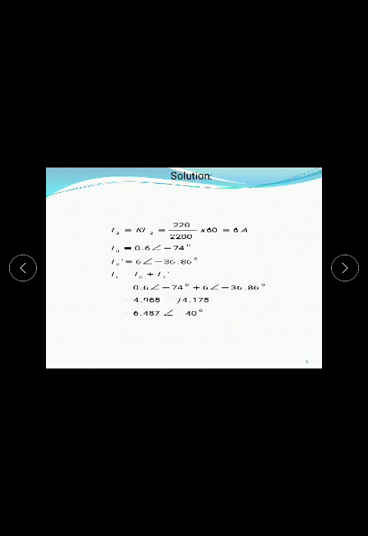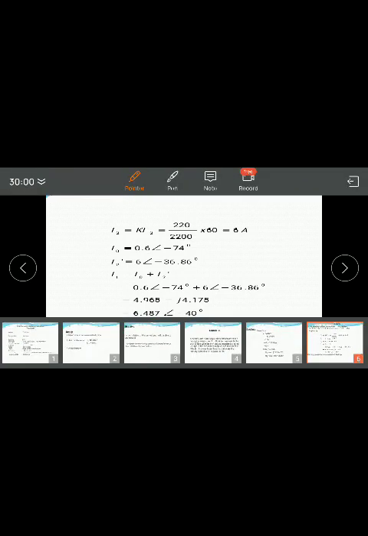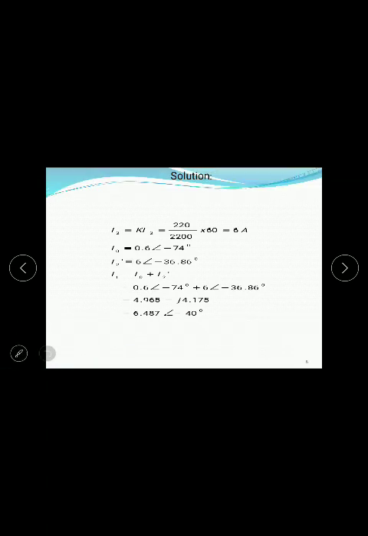Here I2 dash, in general, is K into I2. What is K here?